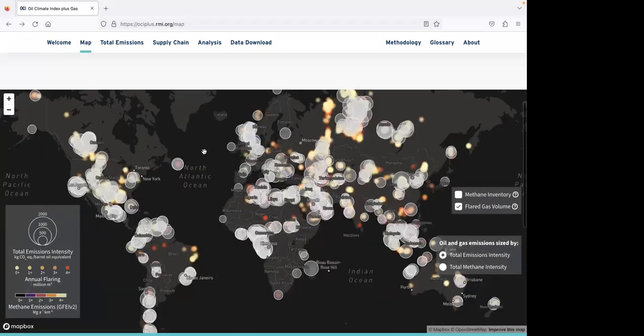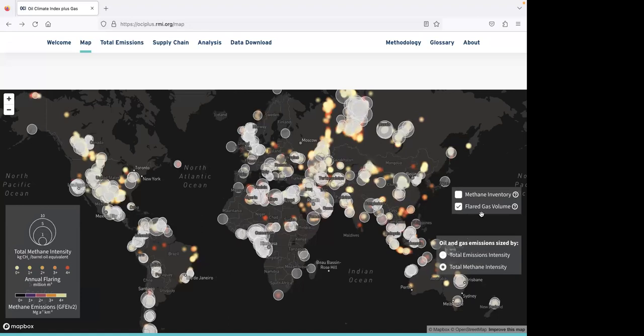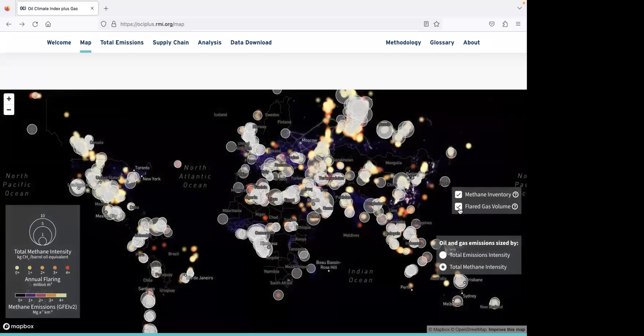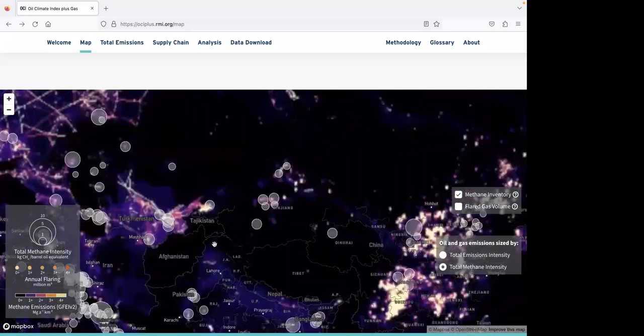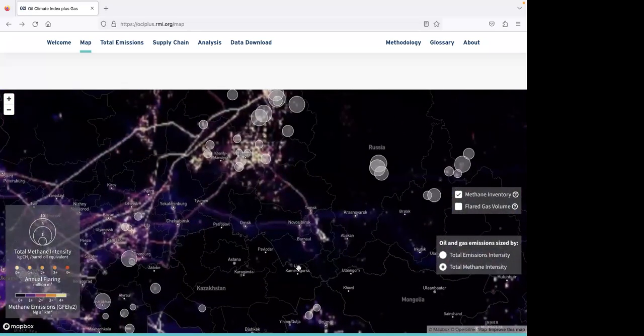Let's go back to the map page and turn on the total methane intensity toggle and the methane inventory base map. The methane inventory map is based on the GFA dataset from Harvard University. The yellow indicates high methane emissions.